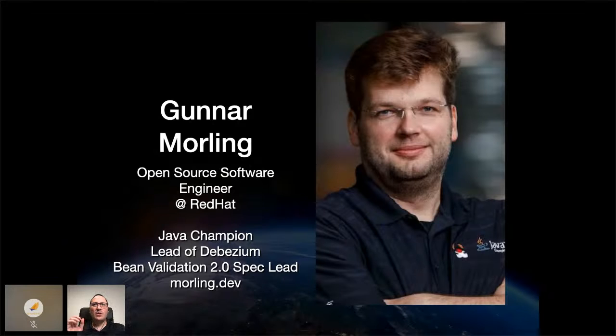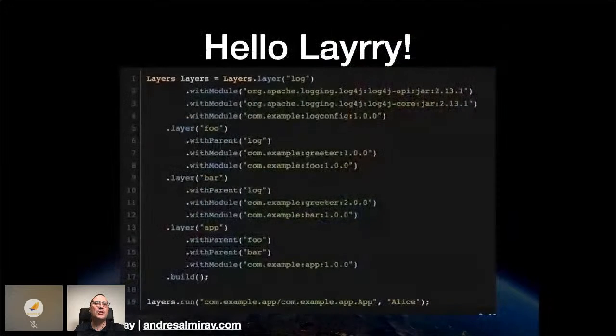So, recall what we saw a few slides ago on the module layer API. Here is how Layrry can simplify the API and allow us to have conflicting module versions. So Layrry defines a fluent interface design for configuring layers. So we start with one layer called log, the name could be anything, and then we define Maven coordinates to find the jar files.